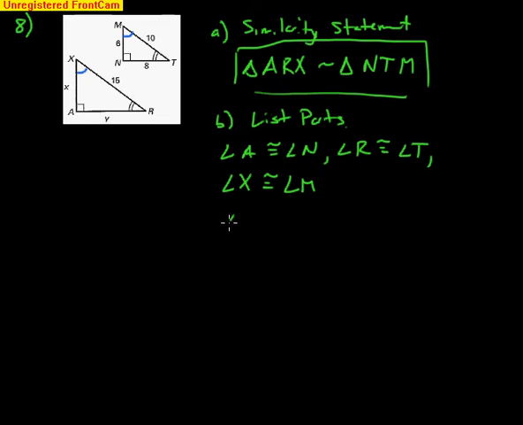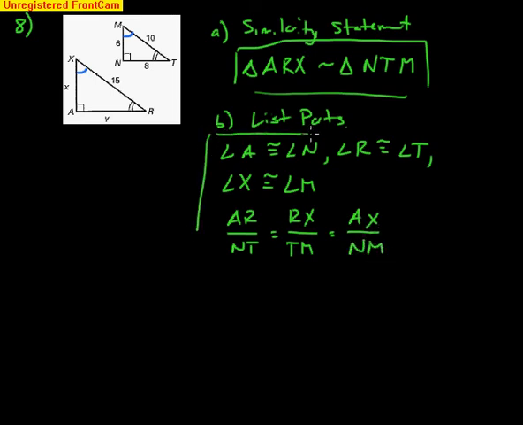And now the proportionality statement from the sides: AR over NT equals RX over TM is equal to AX, the outside ones, over NM. All right, so that's similarity statement and then listing the parts, the congruent angles and the proportionality statement.